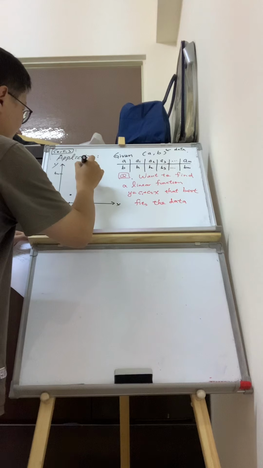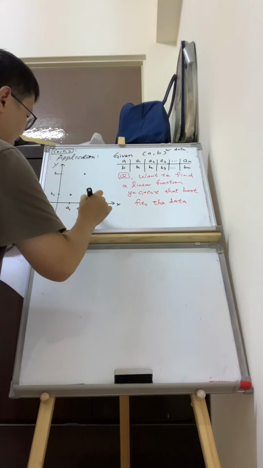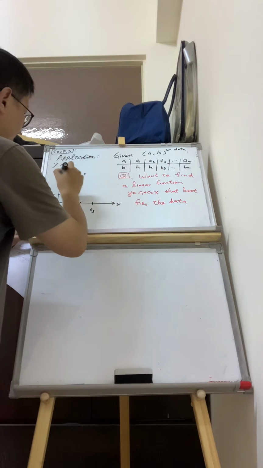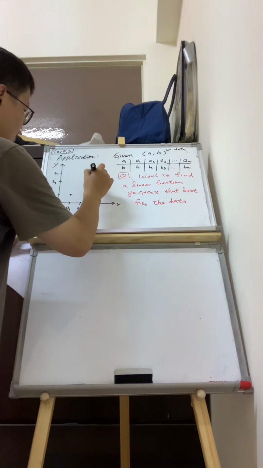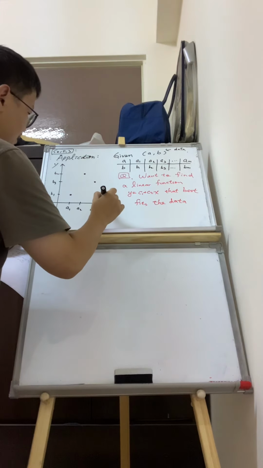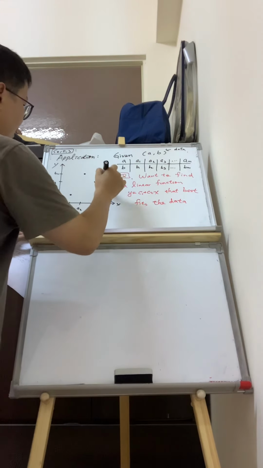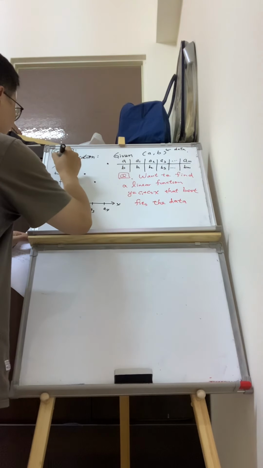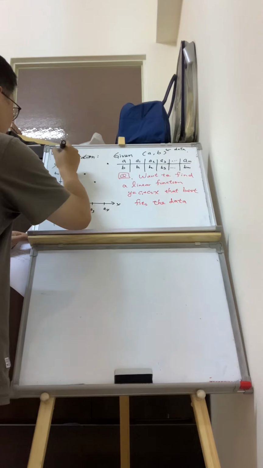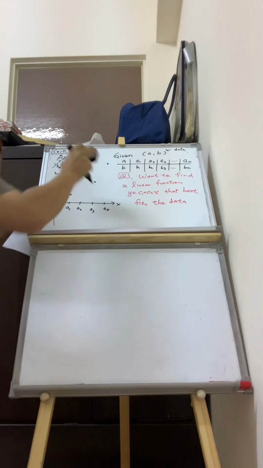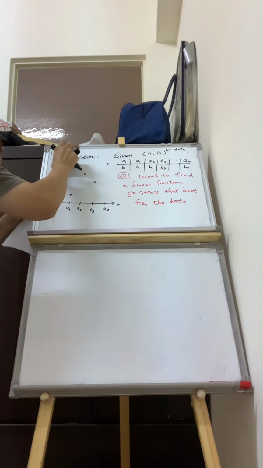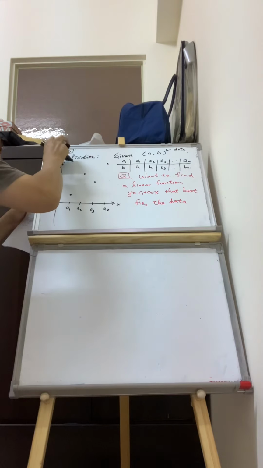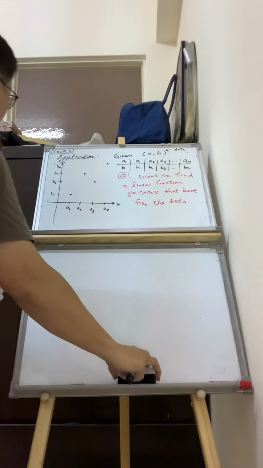A3 is here, B3 is probably here. A4 is here, A5 is here, and B5 is probably over here. For example, this one.